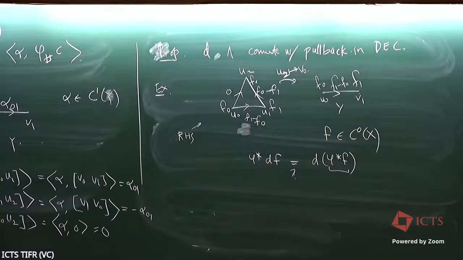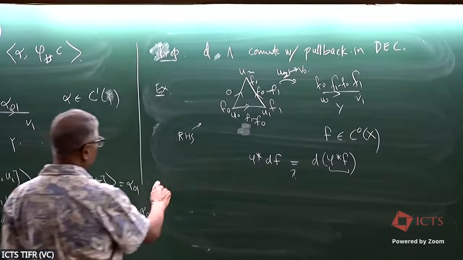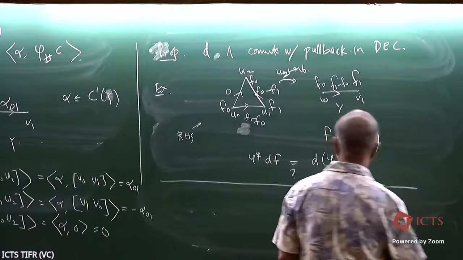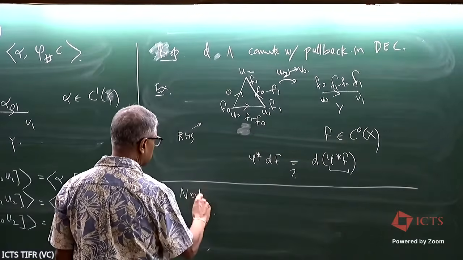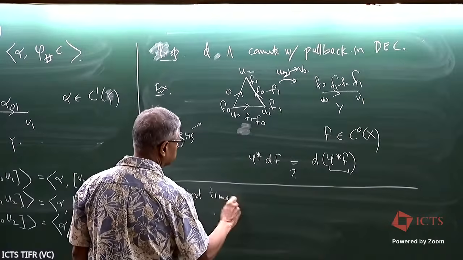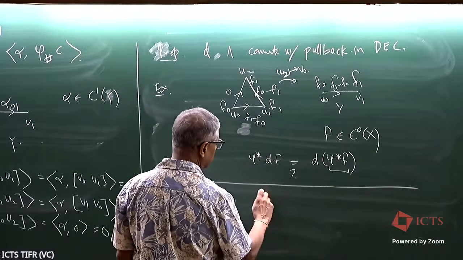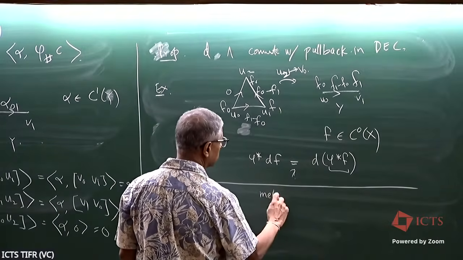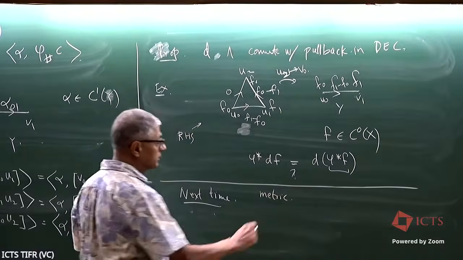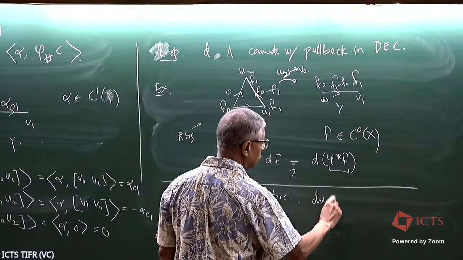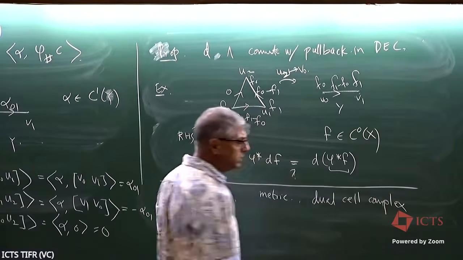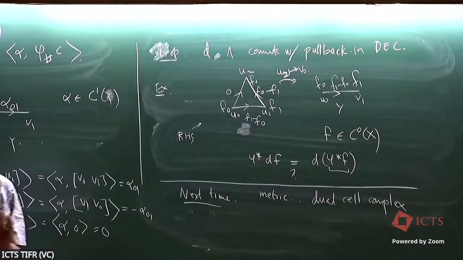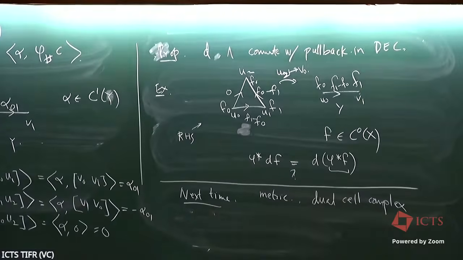Okay, looking ahead. So next time I would like to bring in the metric. And to do this discretely will require something called dual cell complex. So in some sense, DEC can be viewed as finite elements, finite difference, finite volume.